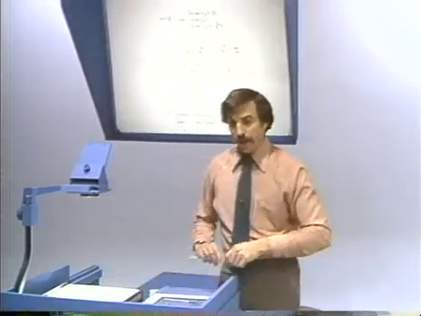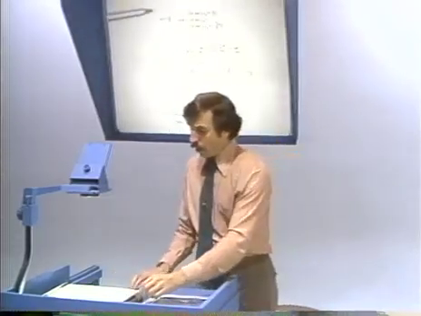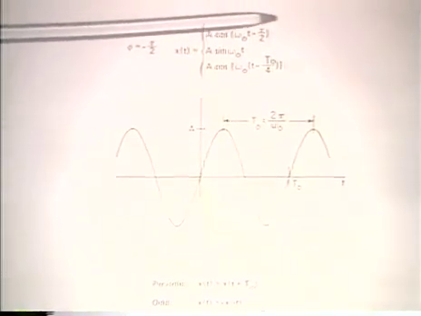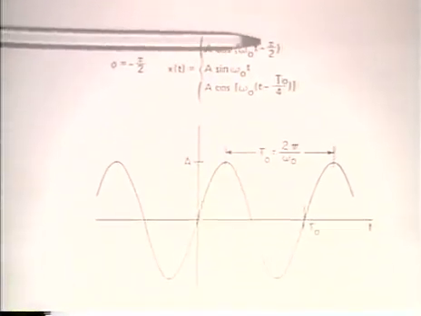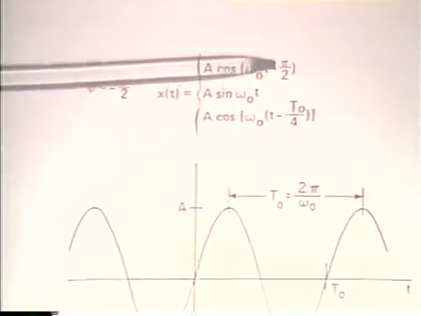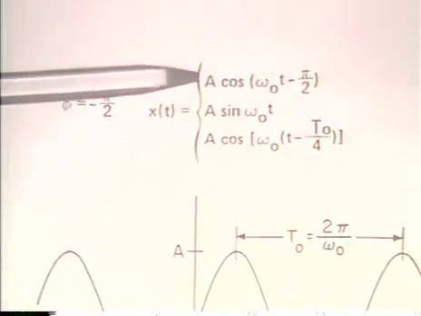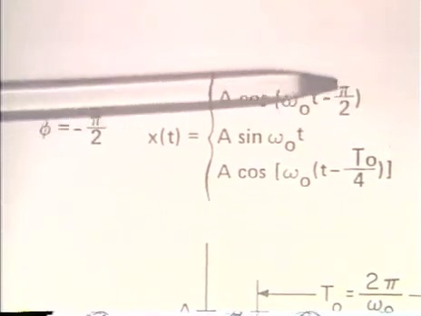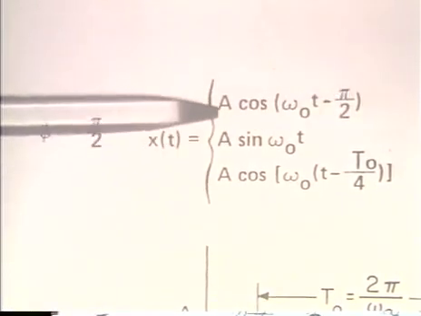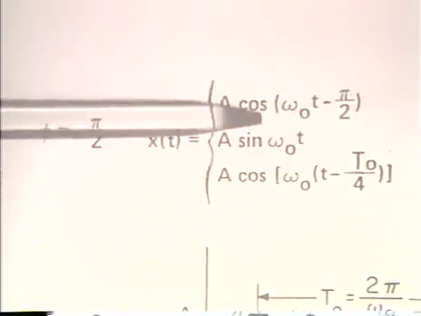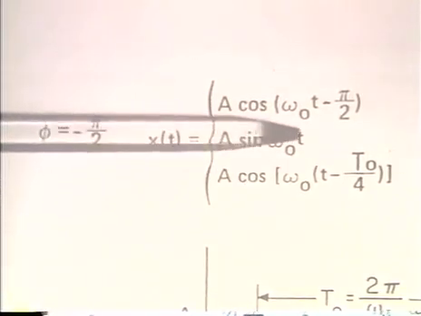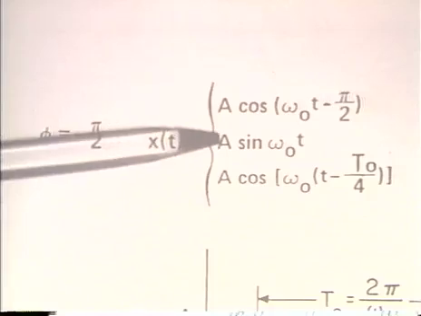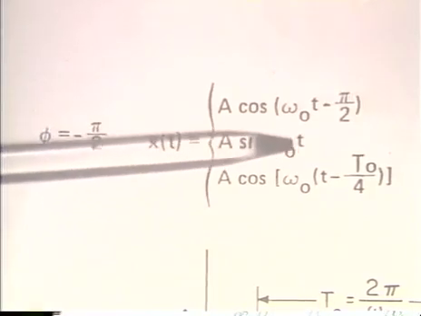Or, said another way, if we take our original cosine and substitute in for the phase minus pi over 2, then of course we have this mathematical expression. Using just straightforward trigonometric identities, we can express that alternately as sine omega 0 t. The frequency and amplitude, of course, haven't changed.